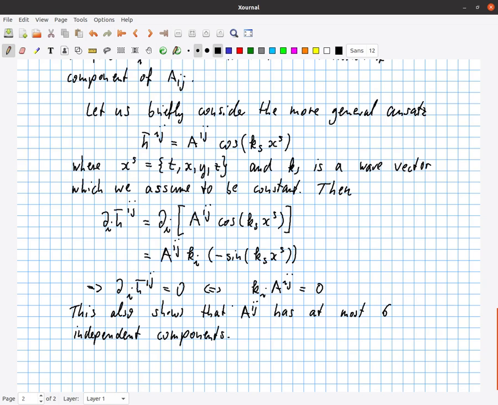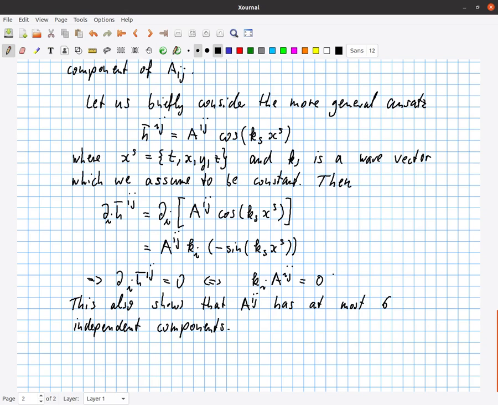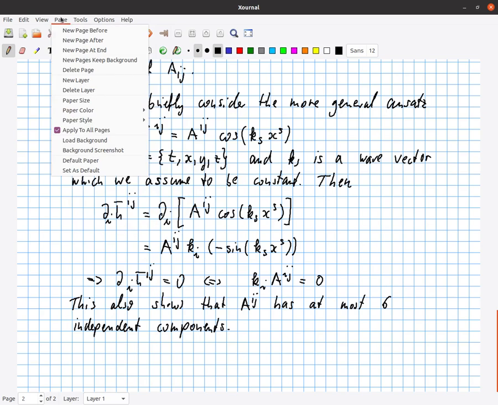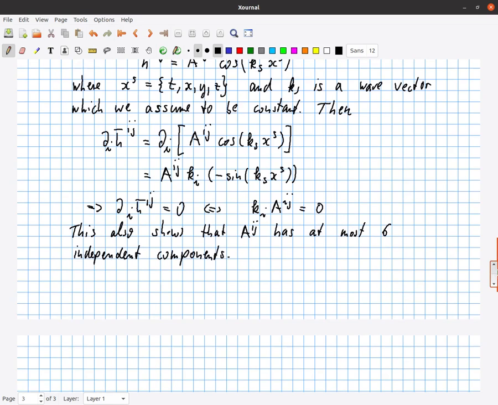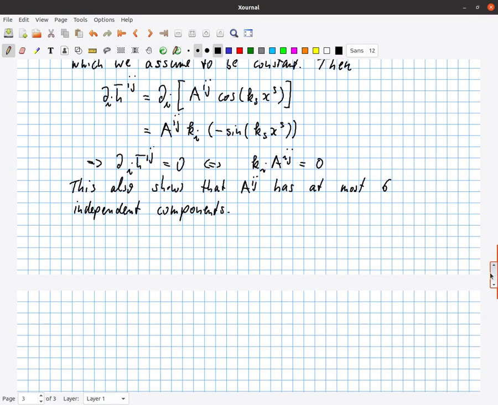We can reduce the number of components even further. And this is quite neat in the context of gravitational waves.